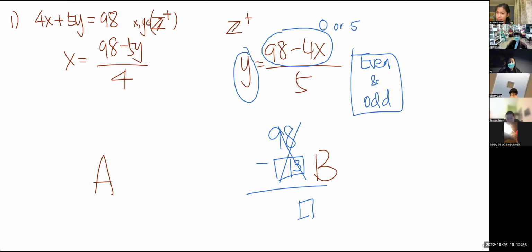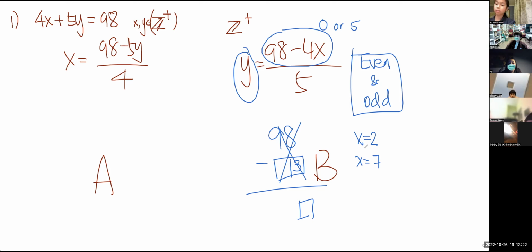We want to find all the multiples of 4 that end with 8, so x could equal 2, x could equal 7, because 4 times 2 equals 8, and 4 times 7 equals 28. I think that is the only number to begin with.